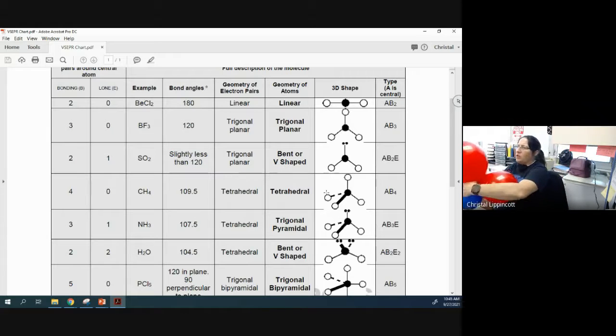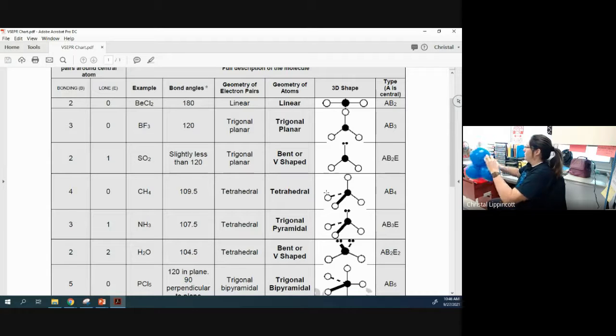So tetrahedral, again, we're using 2 dimensions to do a 3-dimensional thing.